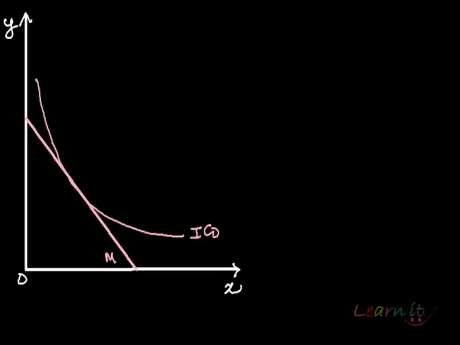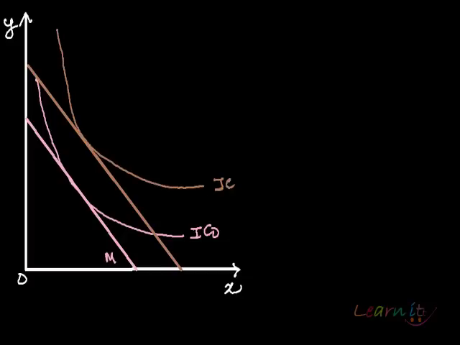Now there's a new budget line and a new indifference curve, IC1, where income is M1. Here income was M0. Let me draw one more, so it becomes clearer.